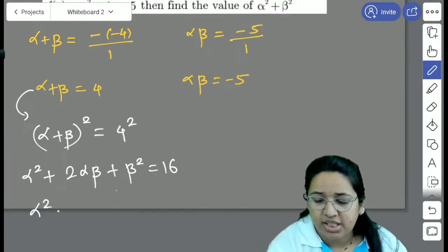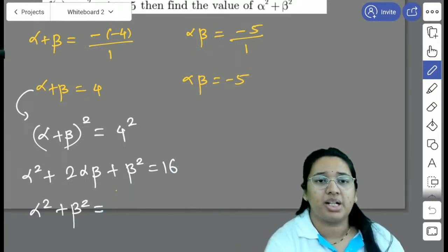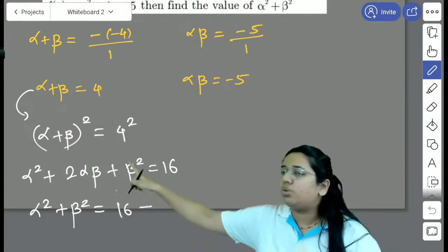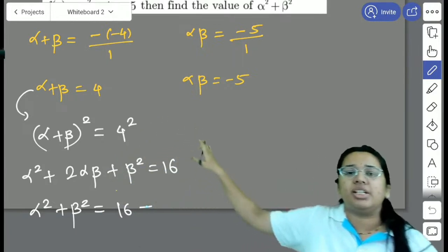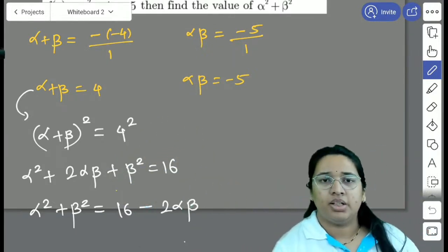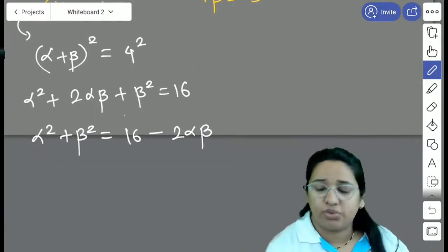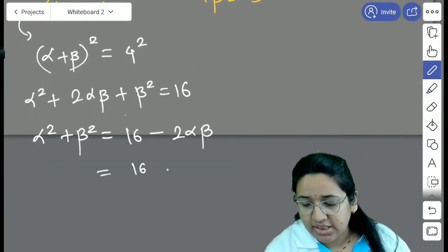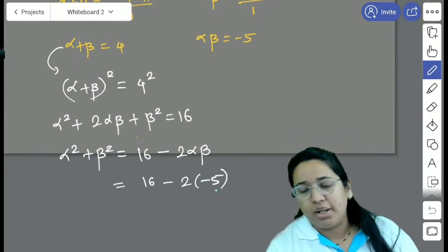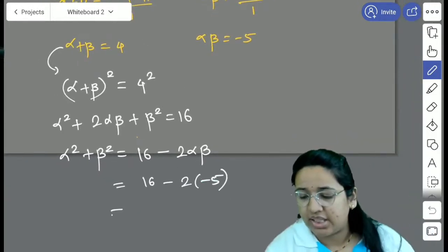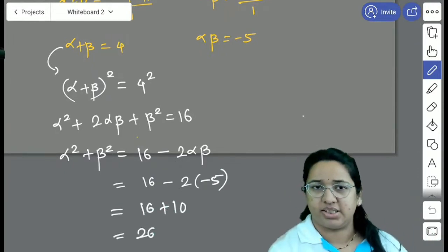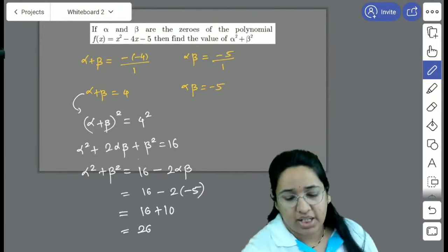Now, we just have to find the answer of alpha square plus beta square. Hence, that 2 times alpha beta will get shifted to the right side. Now, as alpha into beta is equal to minus 5, 16 minus 2 times alpha into beta is nothing but 16 minus of minus 10. So, its answer will be 16 plus 10, that is 26. This will be the required answer.